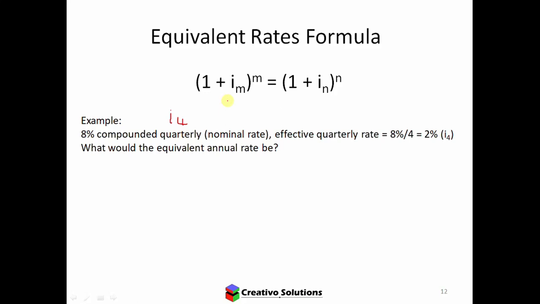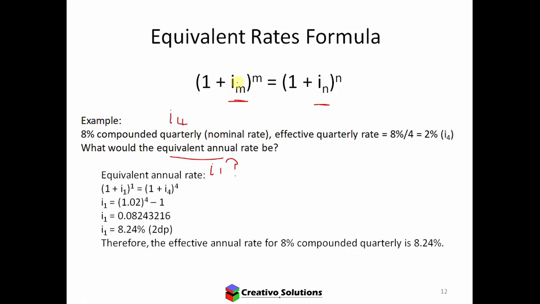What would the equivalent annual rate be? So in other words, you're trying to solve for I1. That's the question mark. So you'd put I1 here, and then you put I4 there, and then you would do the calculation to solve for I1. I1 is the annual interest rate. So you would have (1 + I1)^1 = (1 + I4)^4.